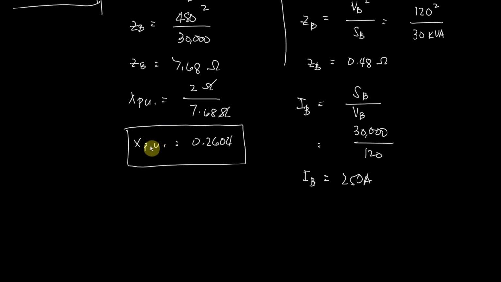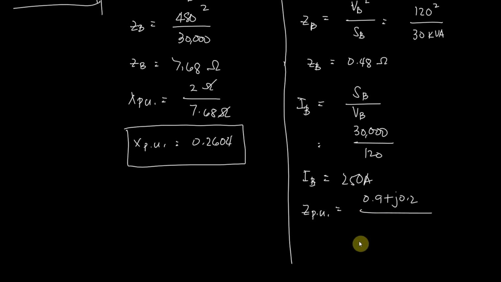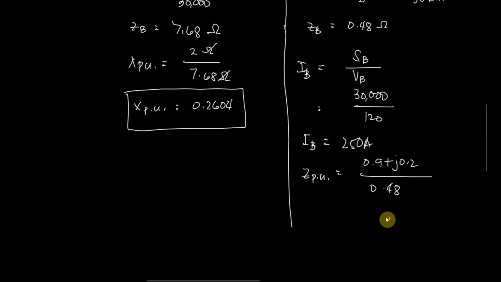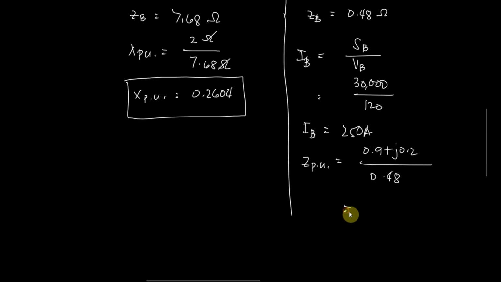Okay? Now, since we have the base impedance and the actual impedance of the load, which is 0.9 plus j0.2, our Z per unit for the load is equal to the actual, 0.9 plus j0.2, divided by our Z base, which is 0.48. To evaluate that, let's first convert the rectangular form of our impedance to polar form.